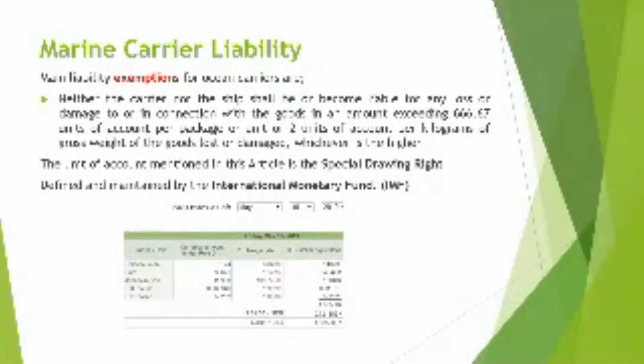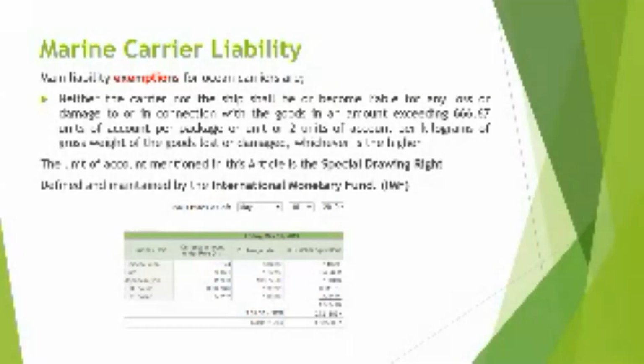So even if there is a problem, the liability of the shipping company is limited to the SDR, or special drawing right, which is defined by the International Monetary Fund, the IMF. There is a website that explains how much the payment would be.